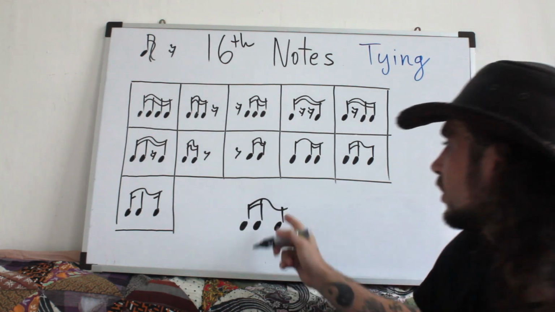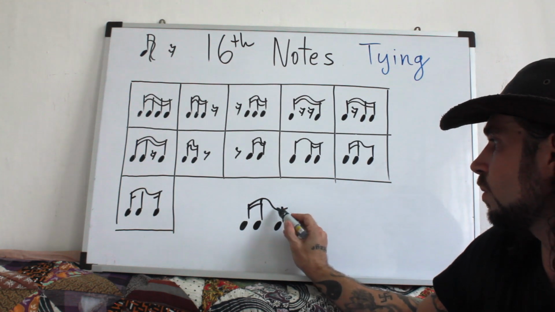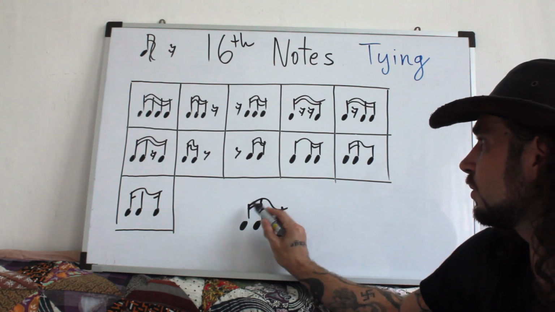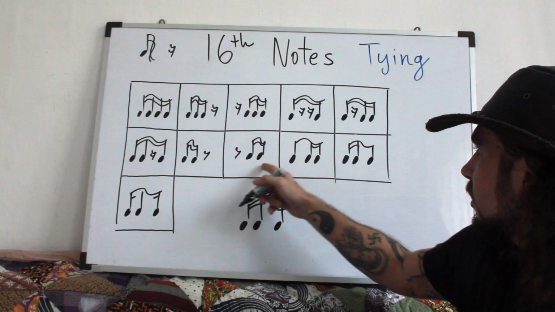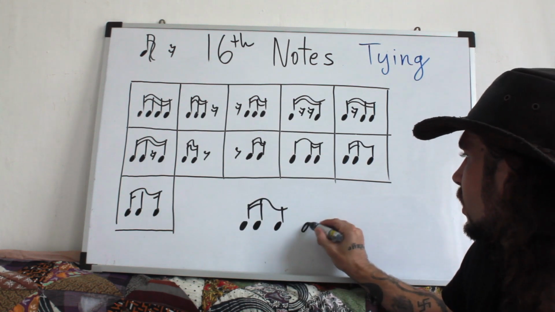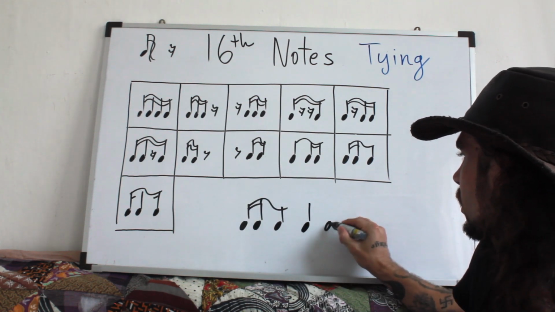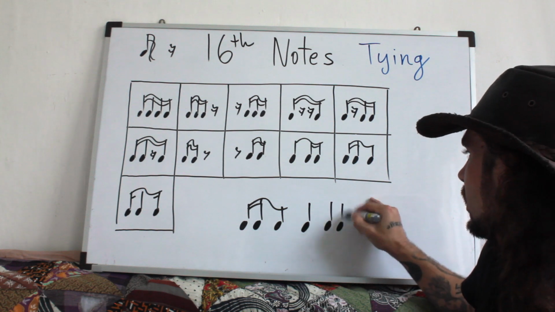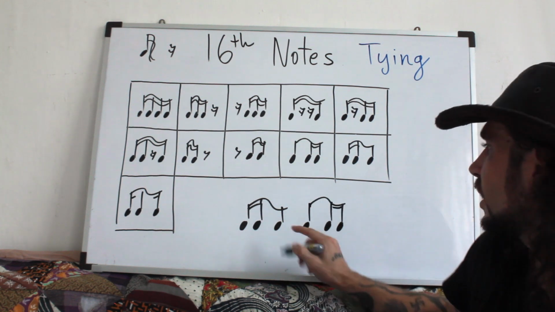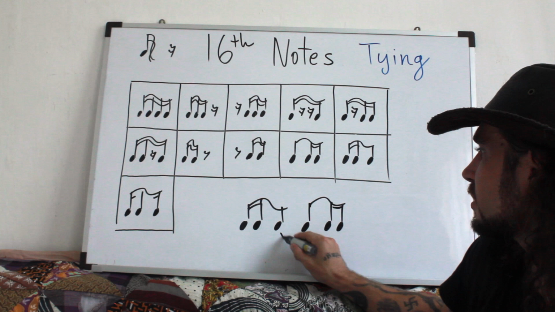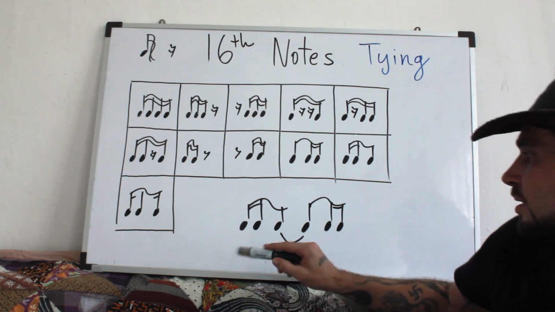And we know that's an eighth because there's only one line here. And here we have 2. Okay, now we're going to, this one. 2 16ths at the end. And we can tie these together because they're both eighths. This would be like this.